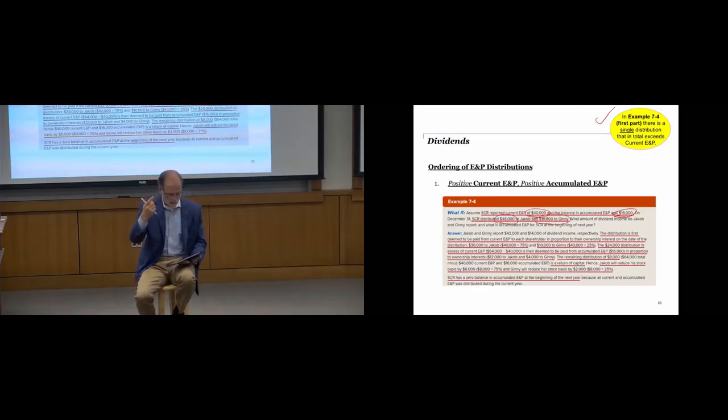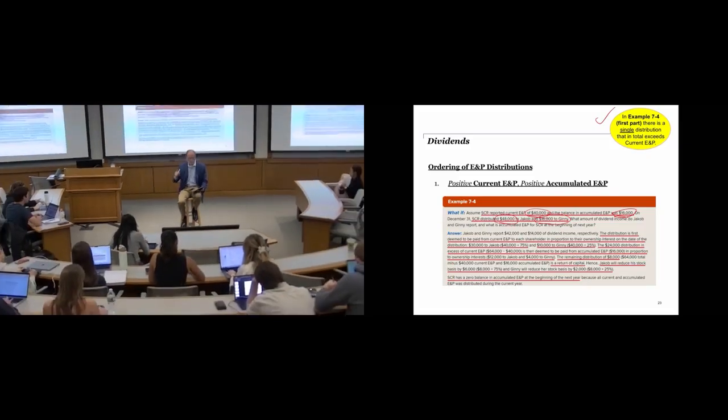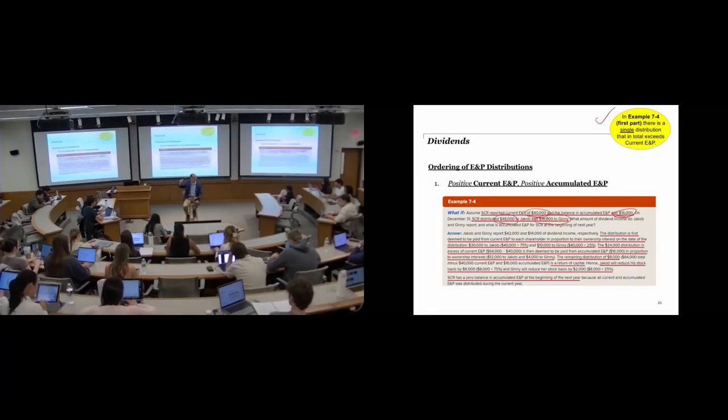So the only thing I have to do here is, Jacob is a 75% owner and Jenny is a 25% owner. So first current E&P goes out, 75% of that goes to Jacob, 25% to Jenny. If there's still an amount distributed over that, then that comes out of accumulated E&P.